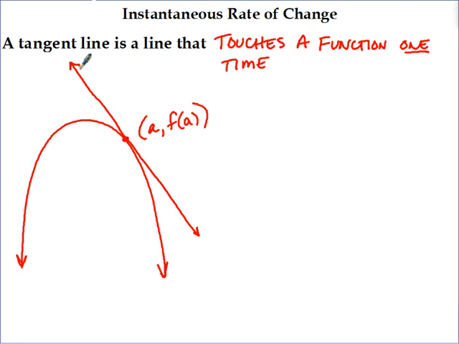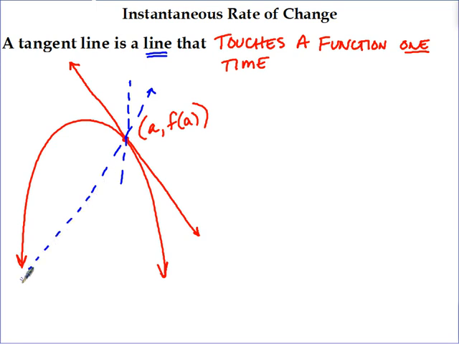Now, some of you might be thinking, and don't draw this in, because I'm going to erase it, why can't my tangent line be this one, or be this one? Those all touch the parabola at one point. And you're right, except for the fact that, remember, they are lines. So in geometry, these would have arrows. And so if this would keep going, it's going to touch it over here as well.